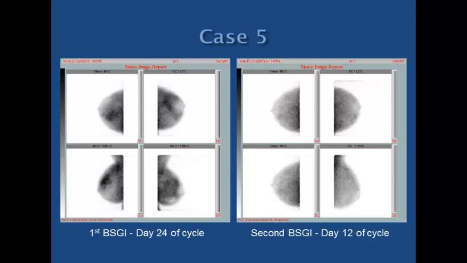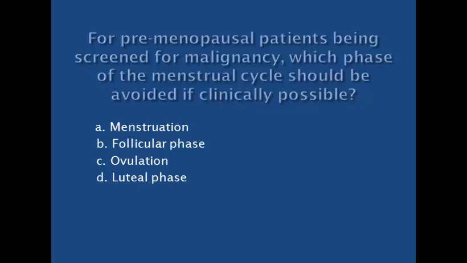You can see the heterogeneous pattern there. And they decided to repeat her imaging, which was done on the 12th day of her cycle. And you can see the other image. For premenopausal women being screened for malignancy, which phase of the menstrual cycle should be avoided if clinically possible, based on those images?